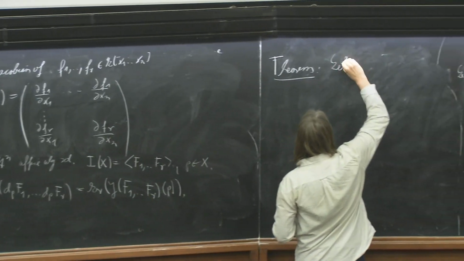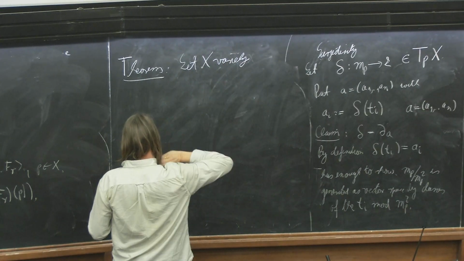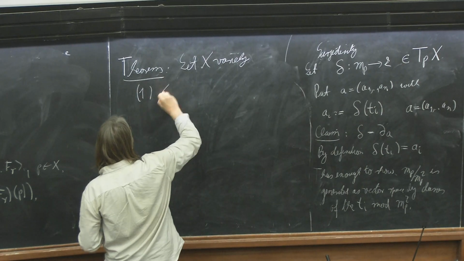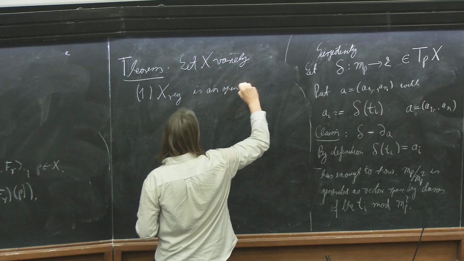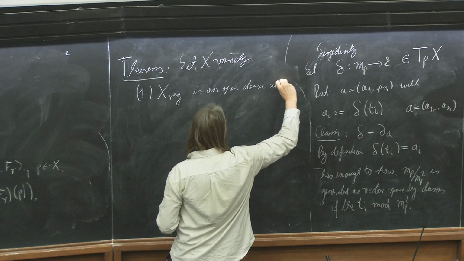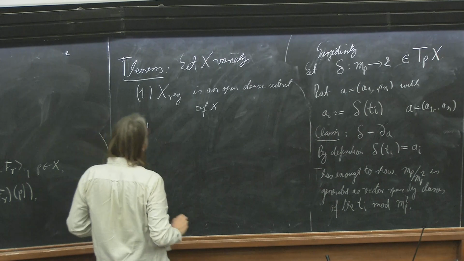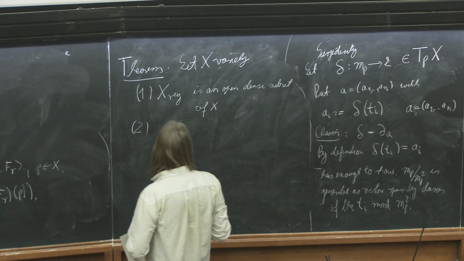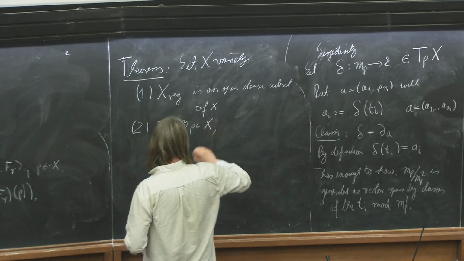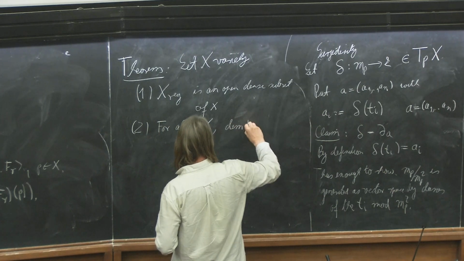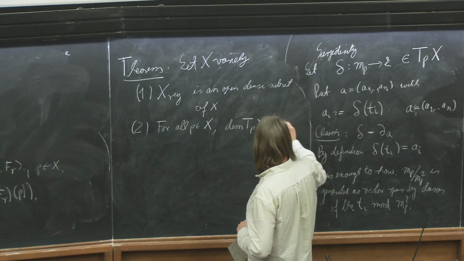Let X be a variety, and then first, the set of regular points in X is an open dense subset of X. And the second statement is, for all points p in X, the dimension of the tangent space of X at p will always be bigger or equal to the dimension of X.